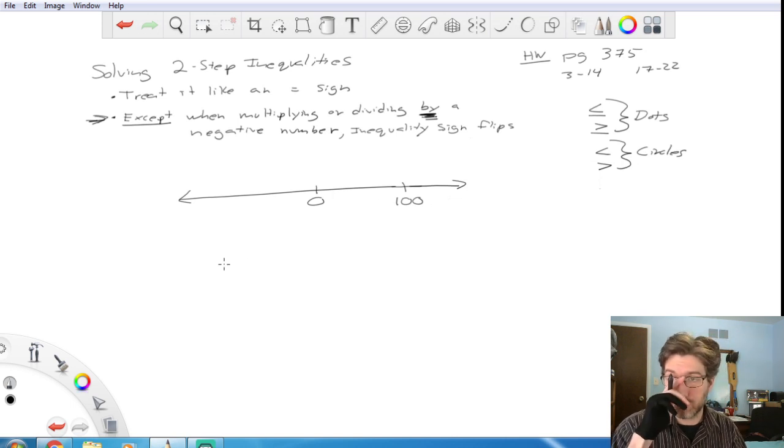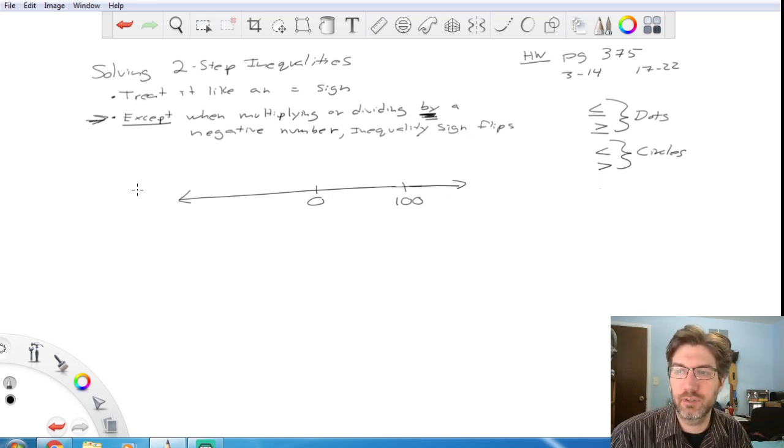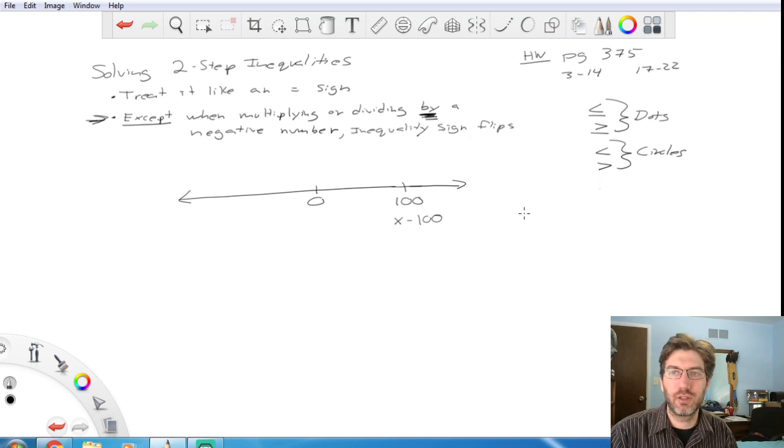So yeah, I can do another example, John. But let's just look at this first. And let's say, hey, if I multiply 100 by a negative number, what happens to it?